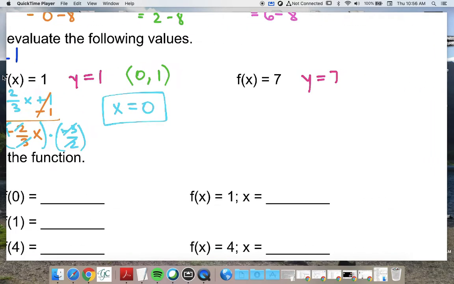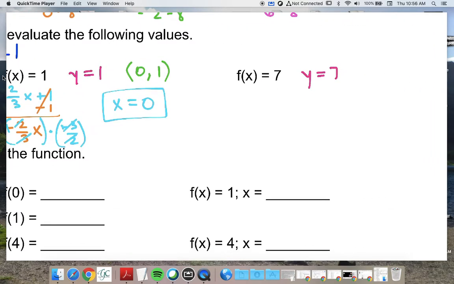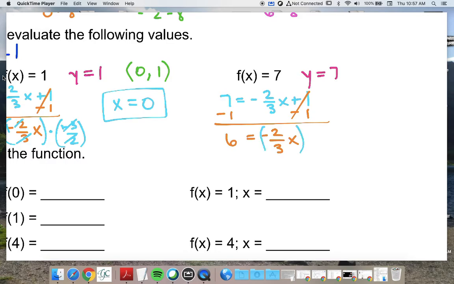And then lastly, with y equal to 7, we're going to have 7 equals negative 2/3 x plus 1. We'll subtract 1 from both sides so that we can get x by itself. That gives us 6 equals negative 2/3 x. And then to cancel out our fraction, we'll multiply by the reciprocal, so negative 3/2.